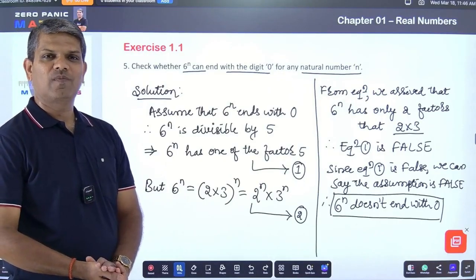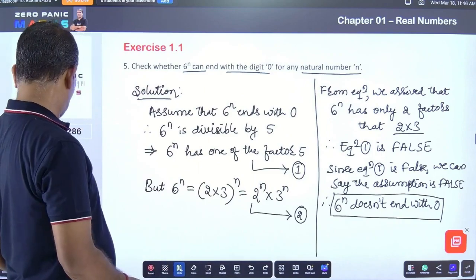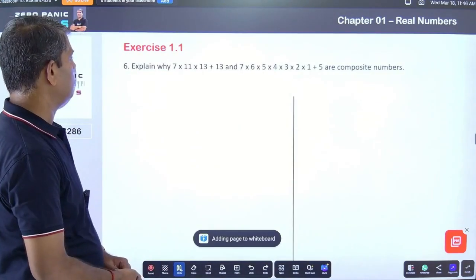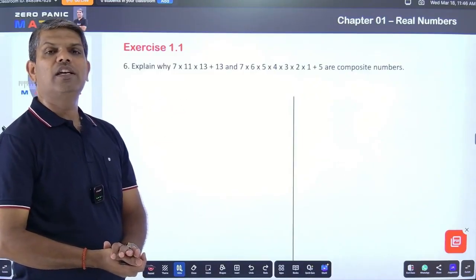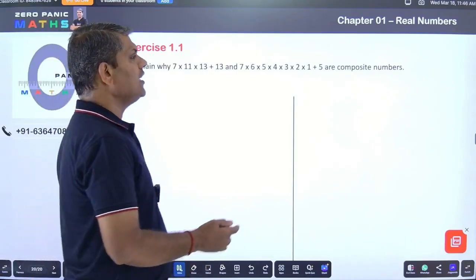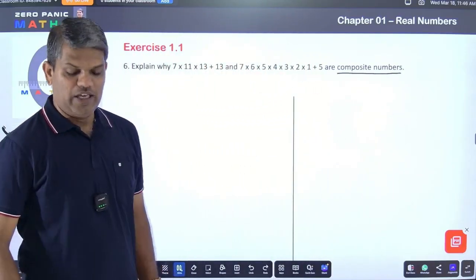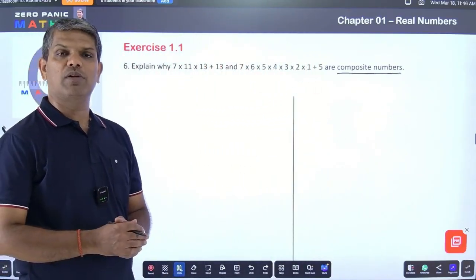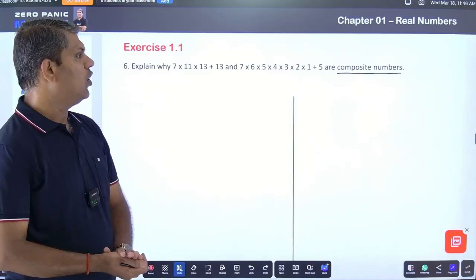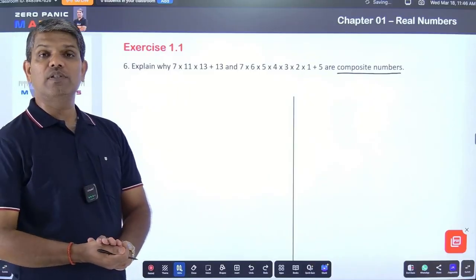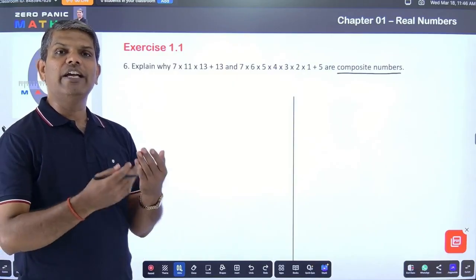Let us move to the next problem. Before we proceed to find the solution for these problems, we need to see what exactly a composite number is and what the definition of a composite number is. If you know the definition of the composite number properly, then you will be able to solve this problem easily. A composite number is a number that can be represented by the product of its primes.